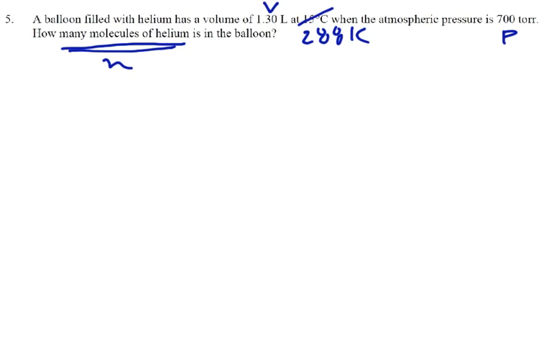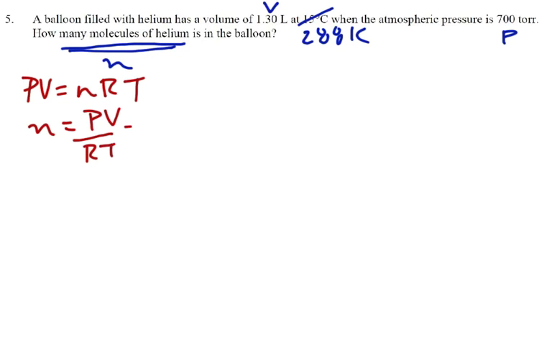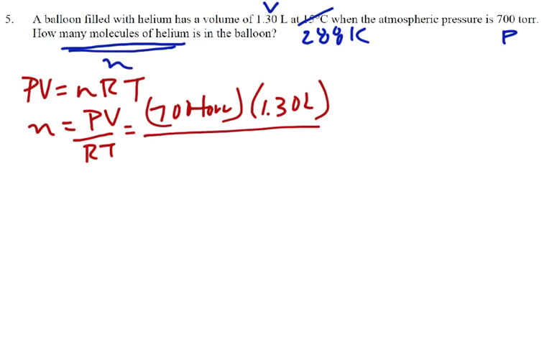So we're going to say PV equals nRT. We're going to look for the number of moles. So n equals PV over RT. Pressure 700. Volume 1.3. R 62.4.